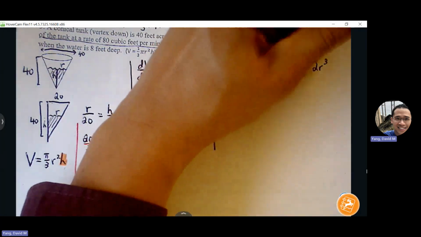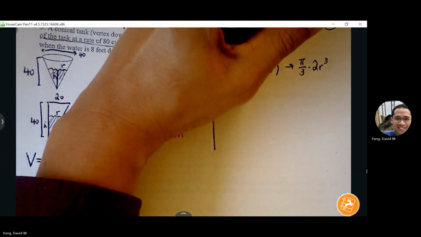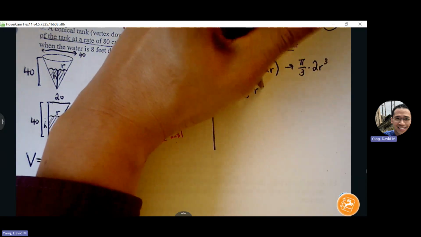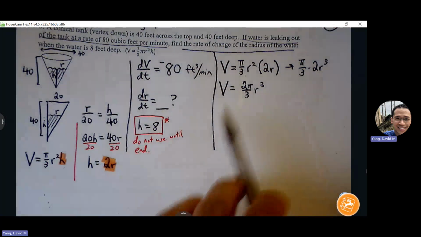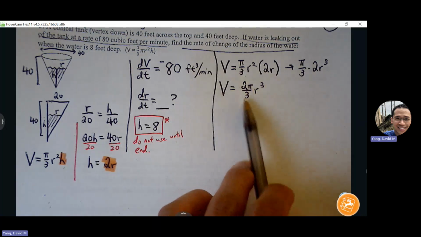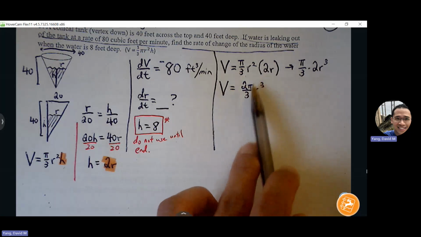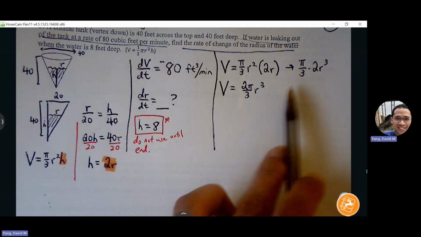Yeah, so I like to put all the numbers together and then the variable by itself. If you put the number under the variable, I see students get a little confused, like, wait, what do I do with that? But if I see a number in front of the variable, it just feels cleaner. I know that's not going to go anywhere. My power rule is with the R cubed.